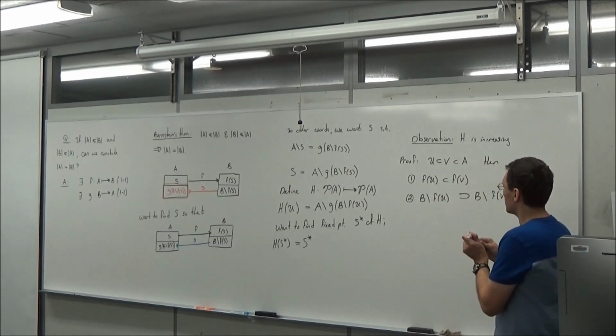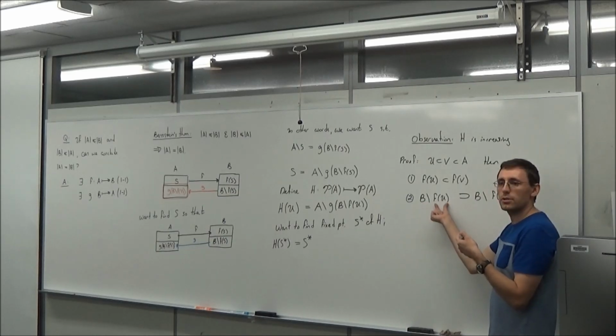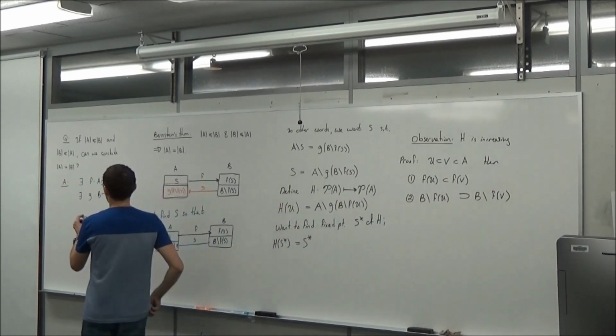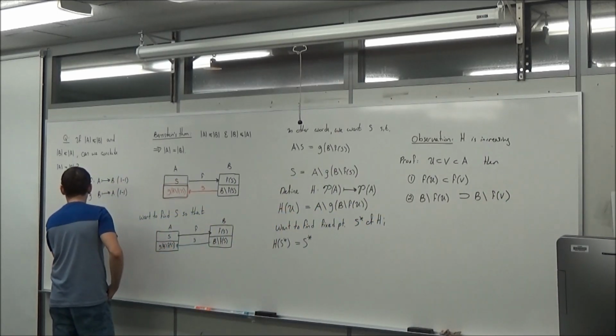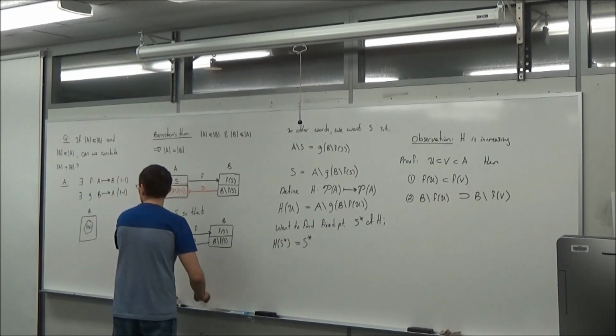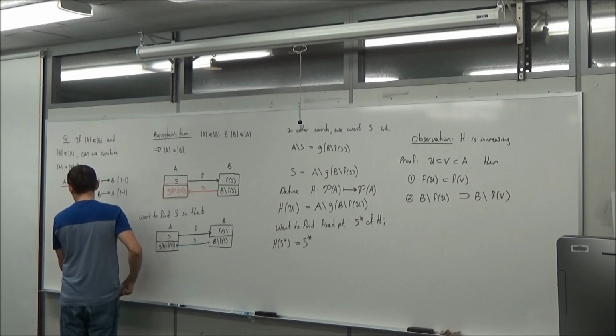Now, what is this? This is whatever is in B that is not the image of U. That's what this means, right? So it's like I take a picture, and if this is B and this is f of U, then you said yourself that f of V is bigger, so it's something like this.